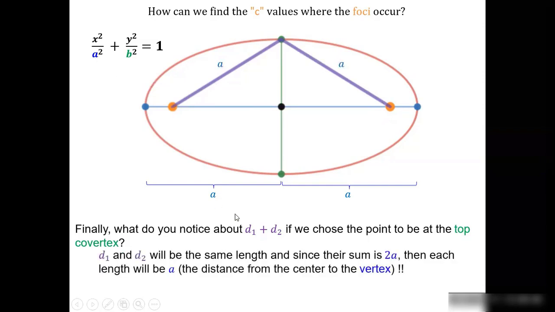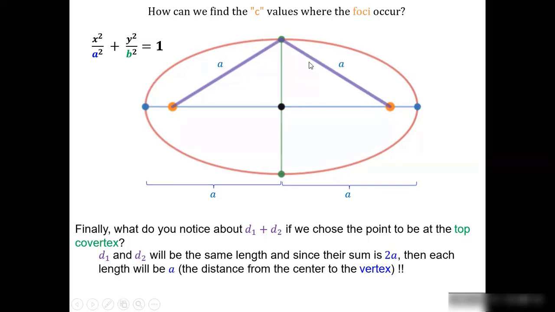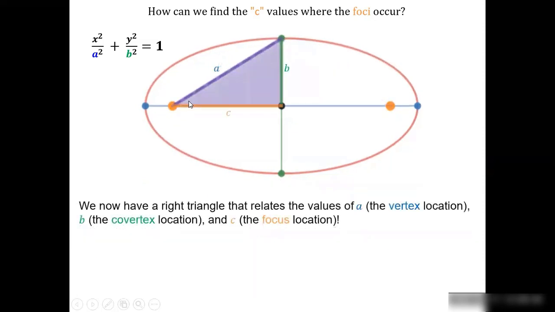But notice, considering it equals 2A, and both of these distances are now the same, that means that each of those distances is considered A. So the beautiful thing about this is that if D1 and D2 remain the same length, and the entire distance is 2A, then recognizing that this value is A allows us to form a right triangle.